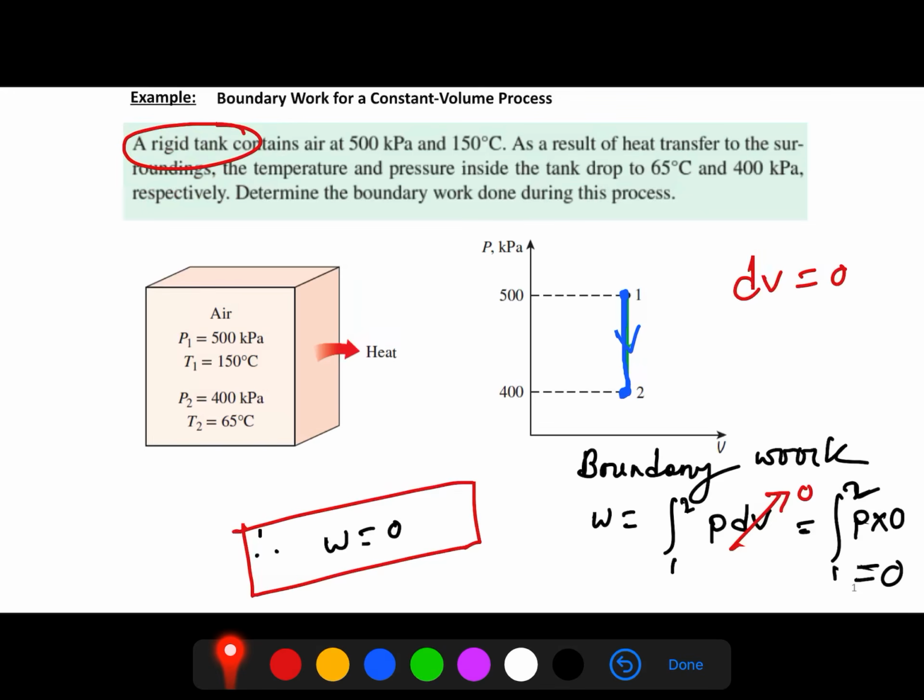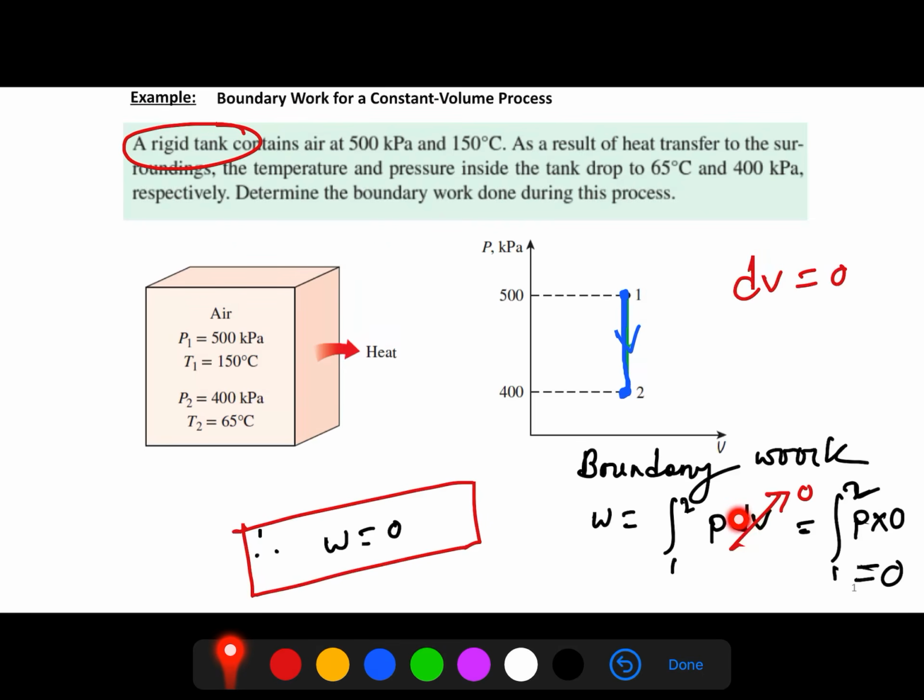One important thing I'm going to tell you is that this is a constant volume process, and you can see the title says constant volume process. Any problem which is a constant volume process, the boundary work should always be 0.